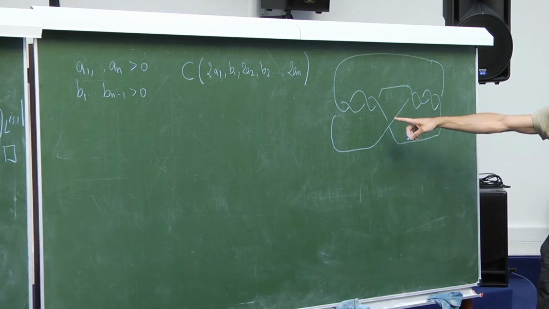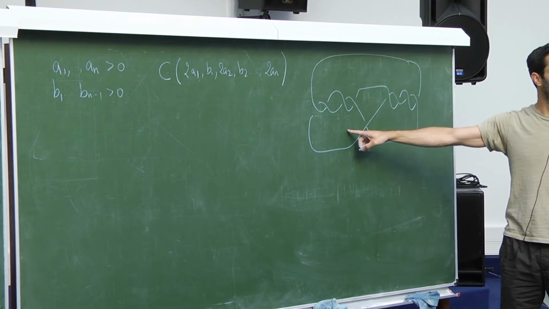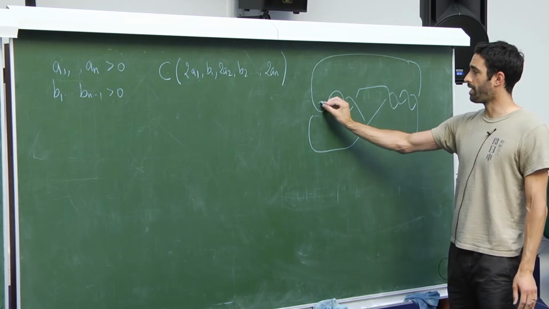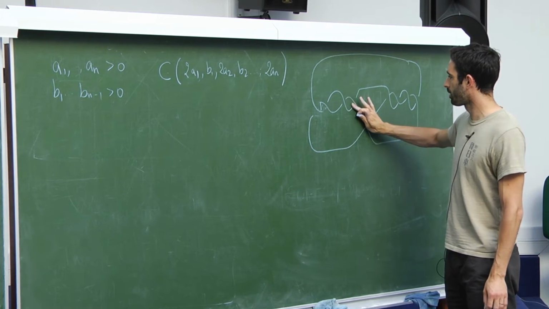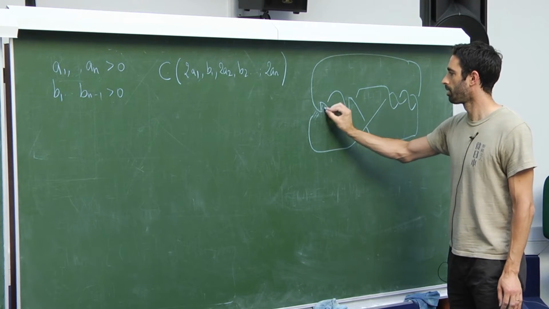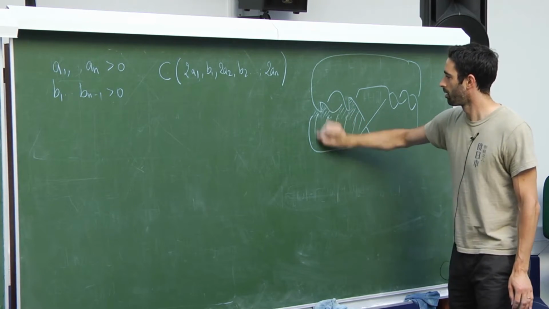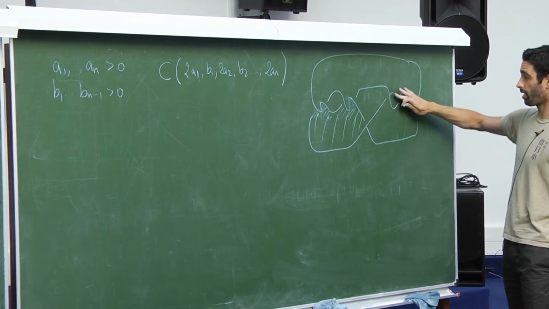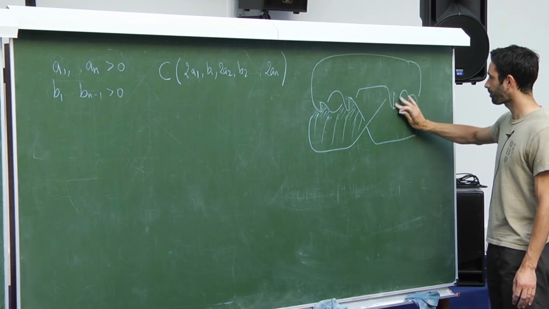Now, I tell you there is an obvious C complex for this one. Completely obvious. You just take, so down there, consider a disk here that you twist, and same thing around here. Okay, anyway.